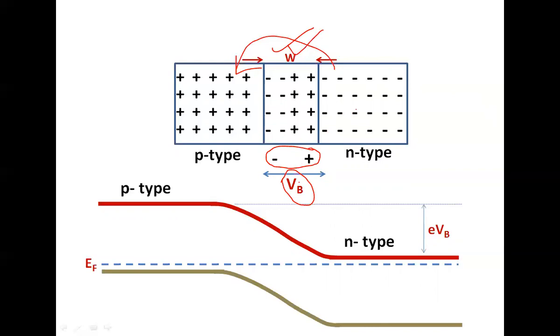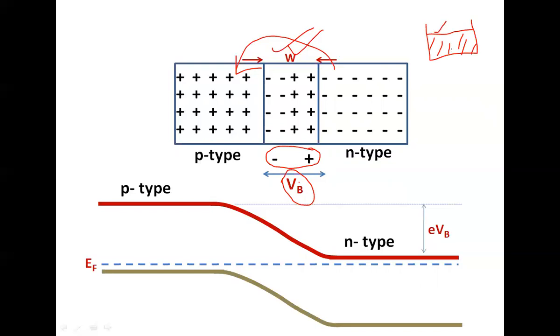Then what will happen to the position of the Fermi level in the n region? We know that the Fermi level in a semiconductor is the highest occupied energy level at 0 Kelvin. To understand the concept of Fermi level, we assume that the Fermi level is the highest occupied energy level.